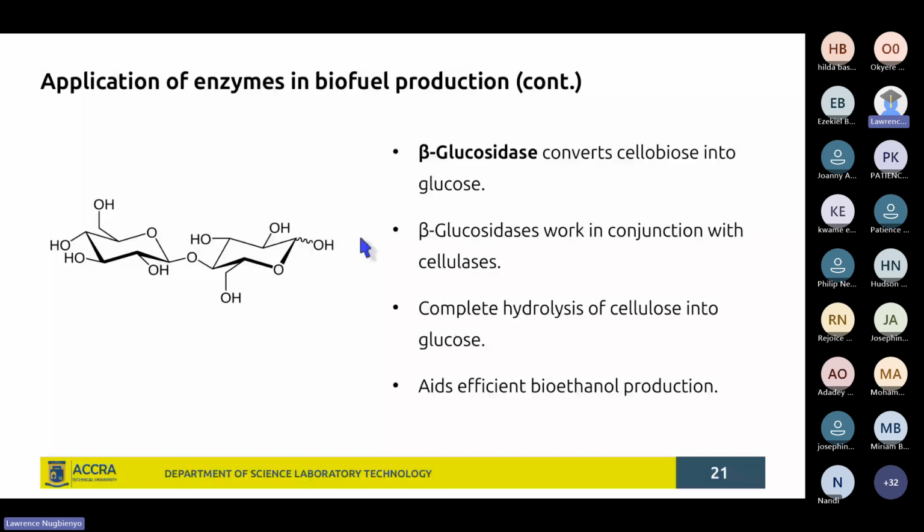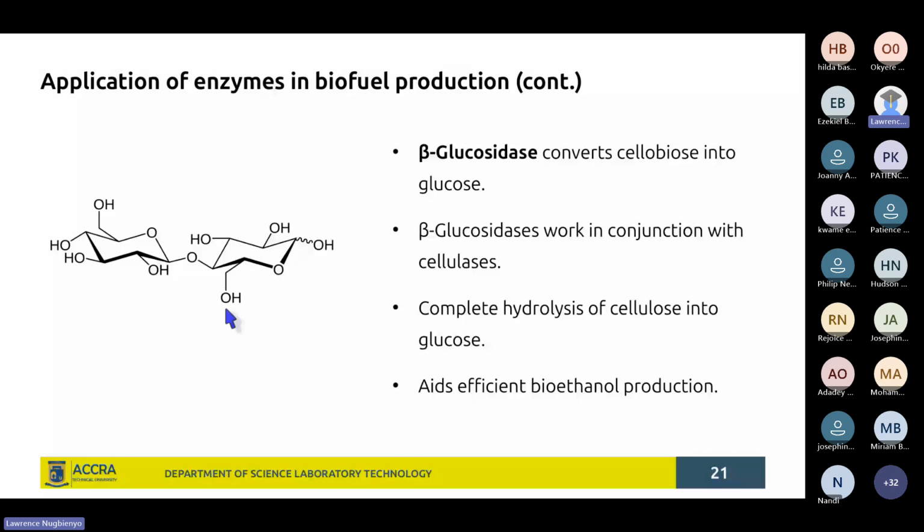You have this beta-glucosidase that acts on these disaccharides from cellulose, which we are referring to as cellobiose, breaking them down into glucose molecules.